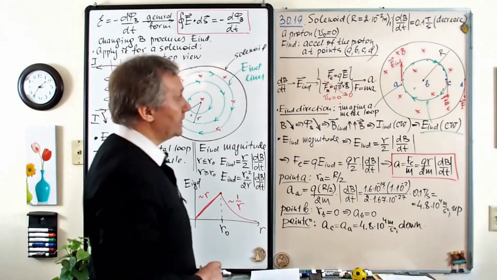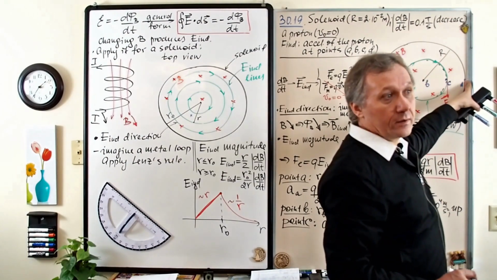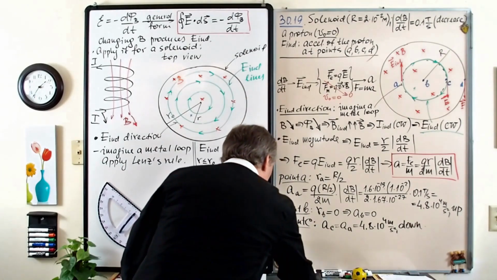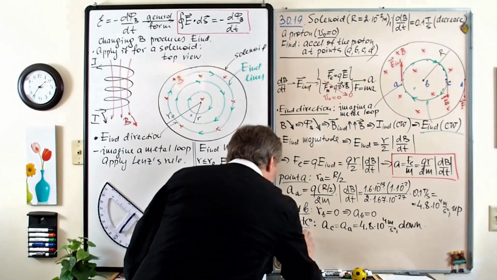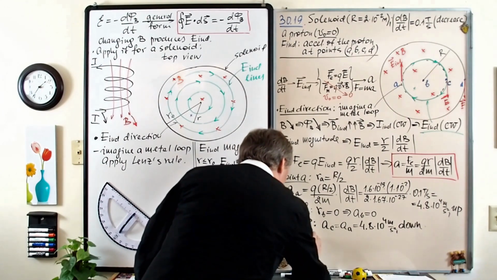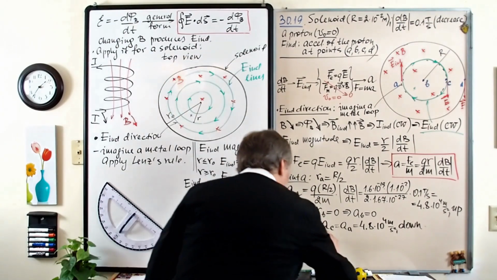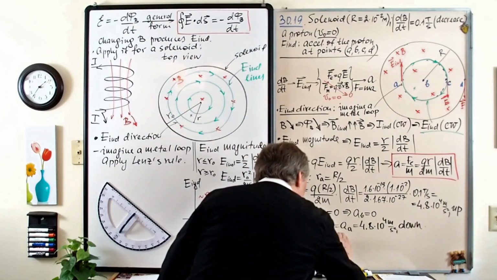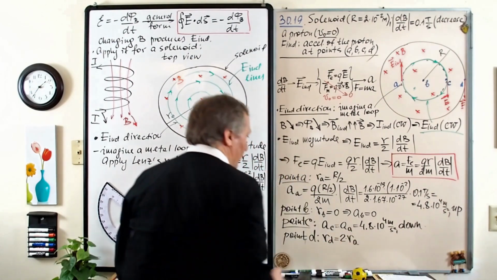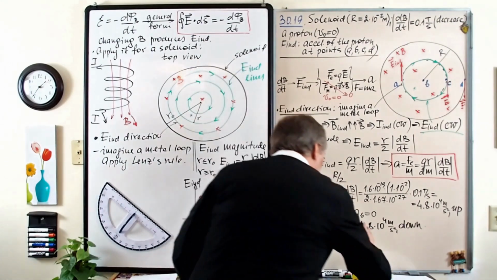And the last point D, when we position a proton near the edge of the solenoid. What's the radius at point D? R at point D will be 2 times the radius at point A, so it will be just R capital.